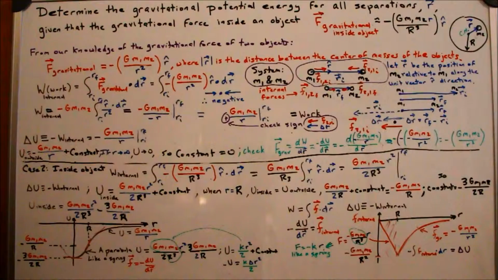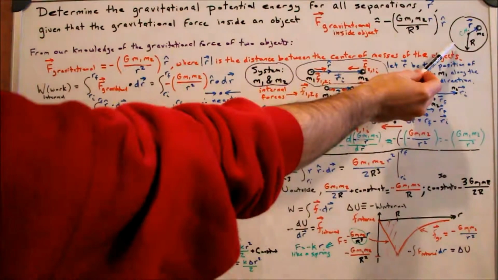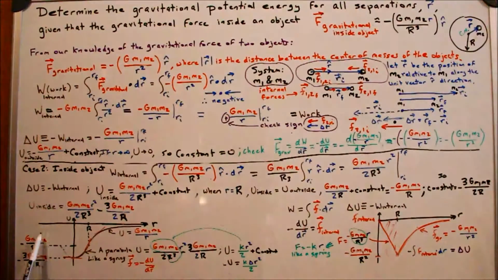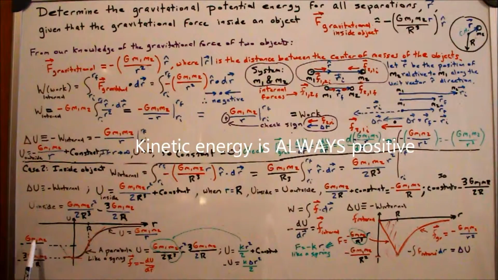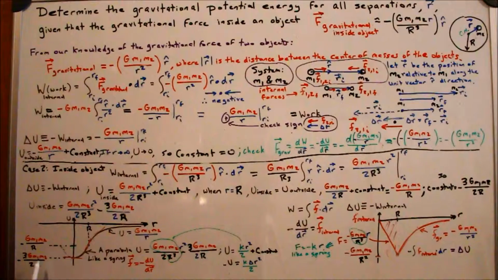This graph also shows that if I had the object at the surface R, I would need this level of positive kinetic energy for the system to be unbounded, for the masses to be able to get totally away from each other, as opposed to needing 50% more kinetic energy if mass 2 starts in the center of mass 1.